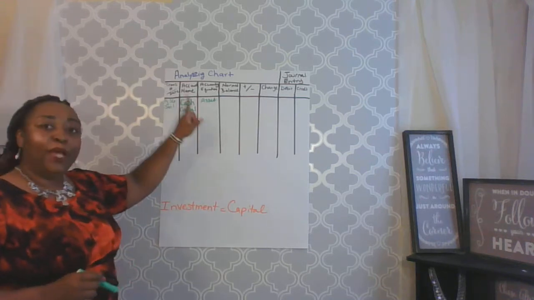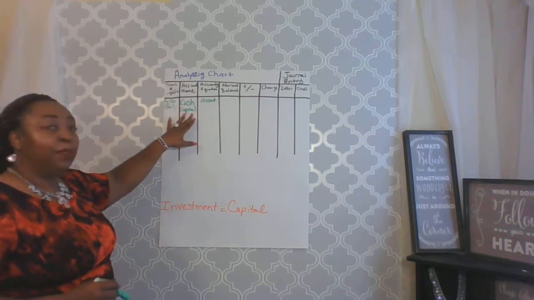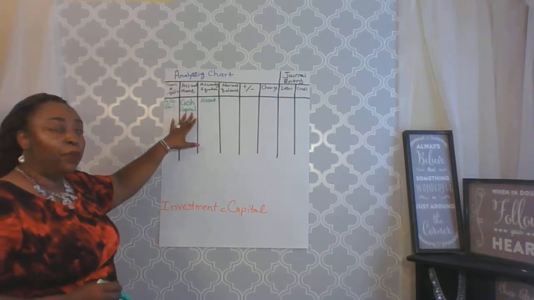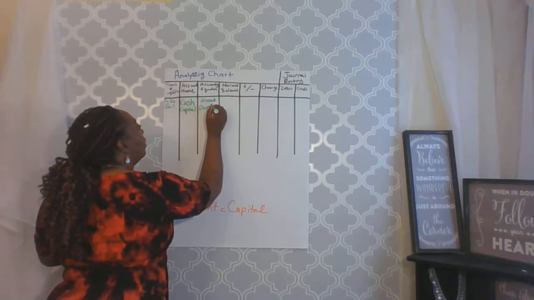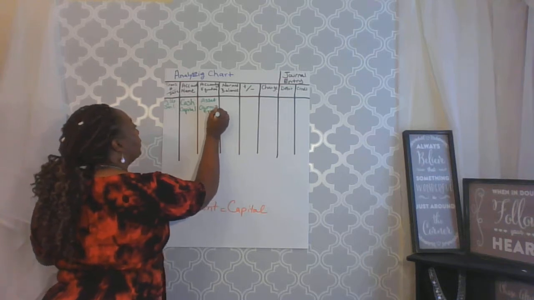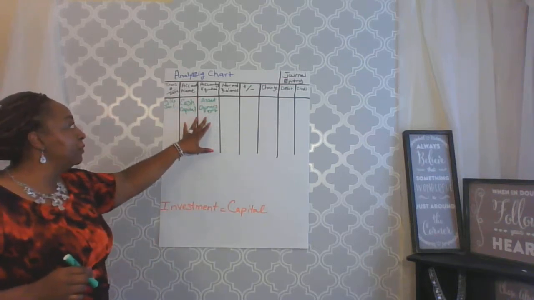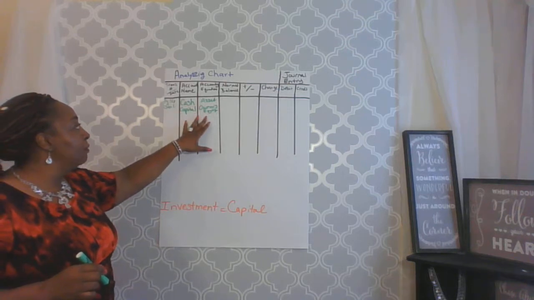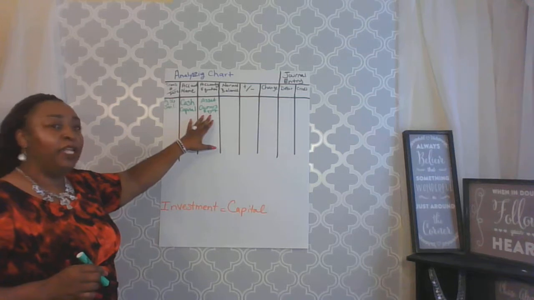Capital: is it asset, liability, or owner's equity? Capital is owner's equity. Okay, so we have our two accounts that are affected and where they fit into the accounting equation.